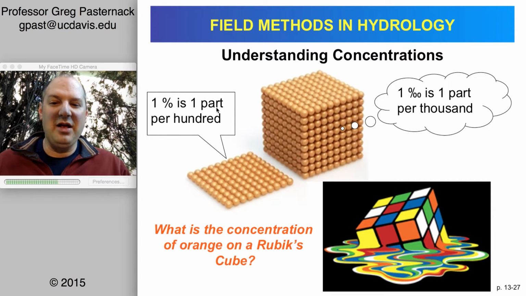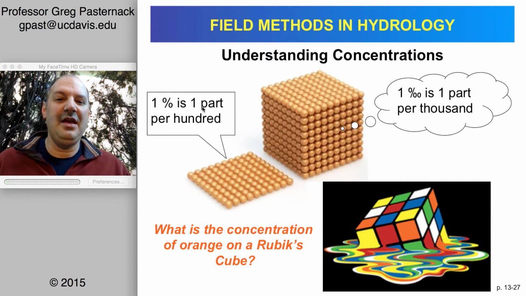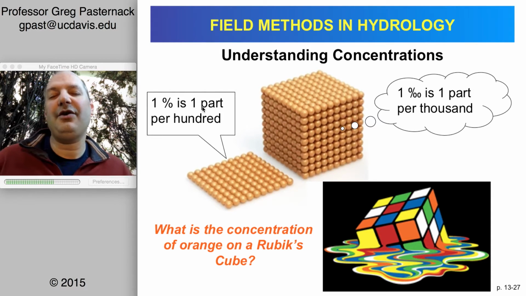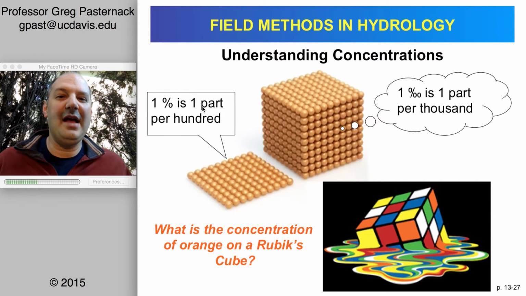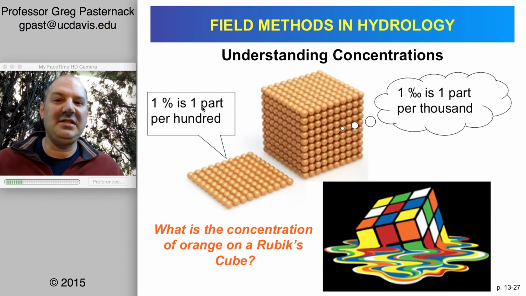A part per 100 means if you take 0.167 and multiply it by 100, you get 16.7. So the Rubik's Cube faces have a concentration of 16.7%, or 16.7 parts per 100.